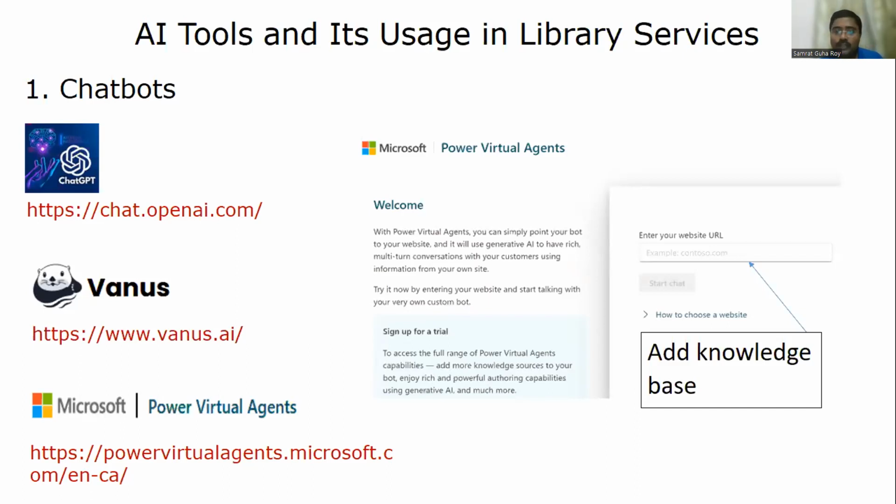So that means, as I was discussing previously, the model needs a repository, a knowledge base, and based upon that, it starts interacting with the user, and then it keeps on updating that knowledge base.